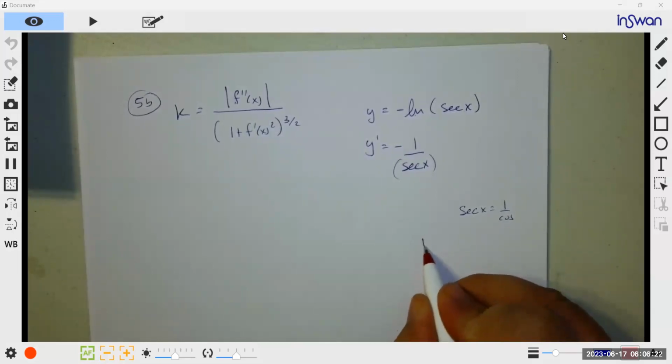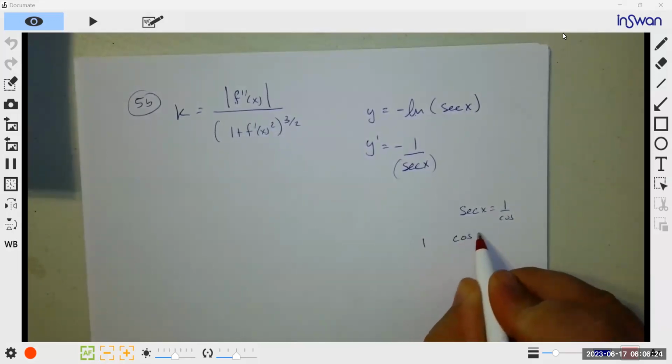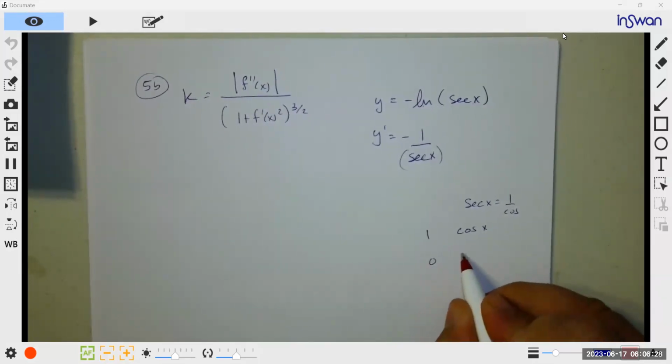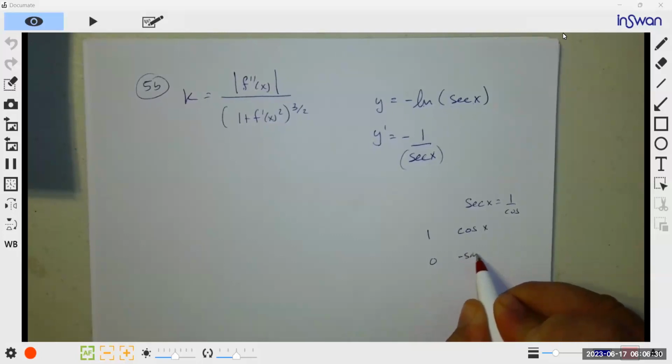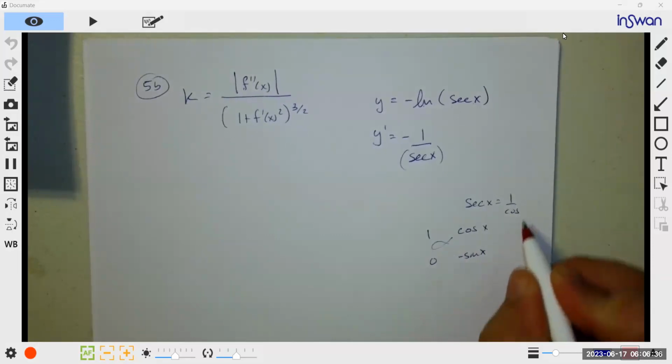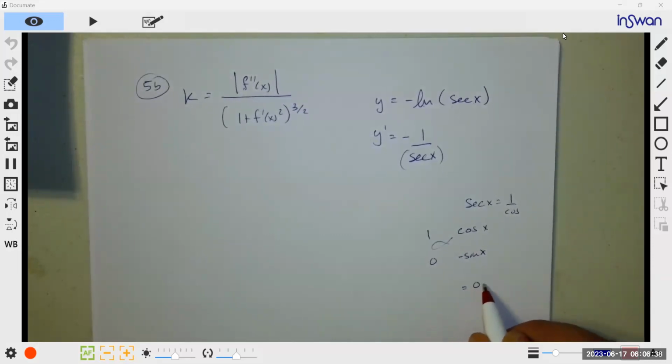So if we find the derivative of secant, we get 0 minus negative sine x over cosine x squared.